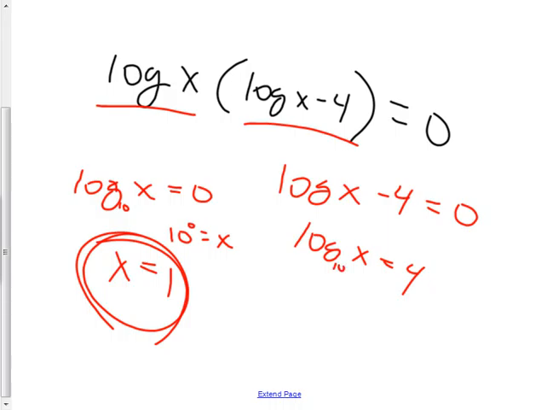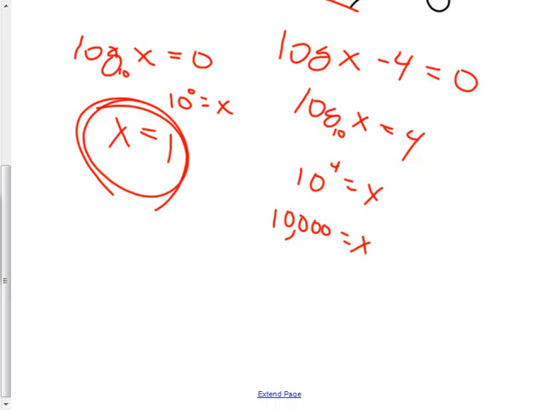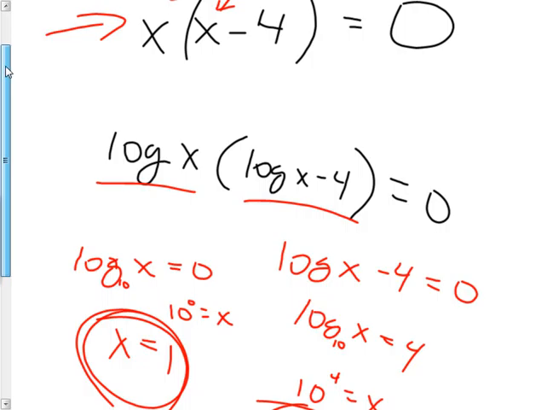Let's do the little base 10 that you can't see. 10 to the 4th equals x. And you don't need a calculator for that. It's a 1 with 4 zeros after it. Equals x. 10,000. All right, so the moral of the story is, notice when your log problem is really a quadratic.